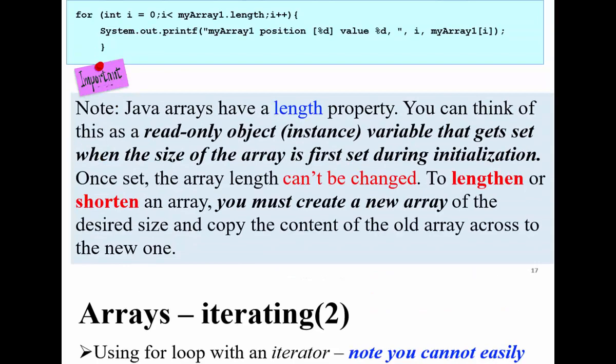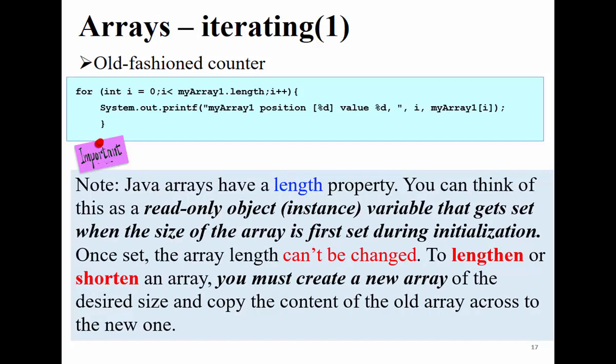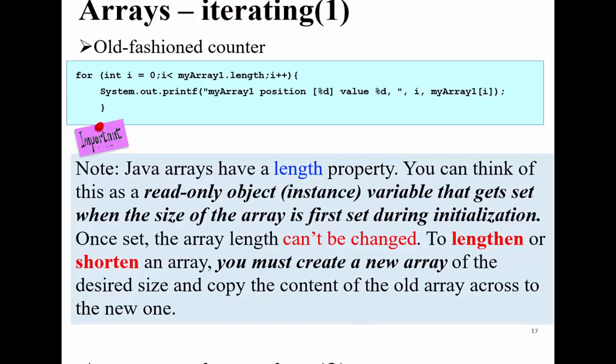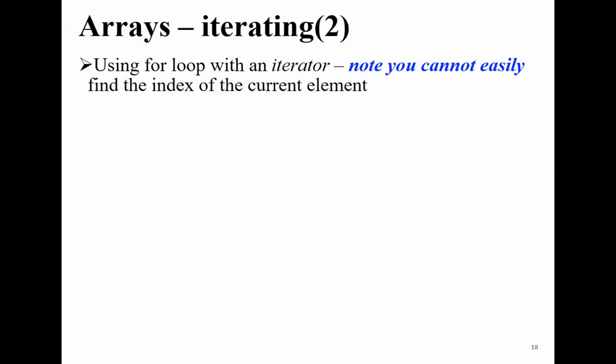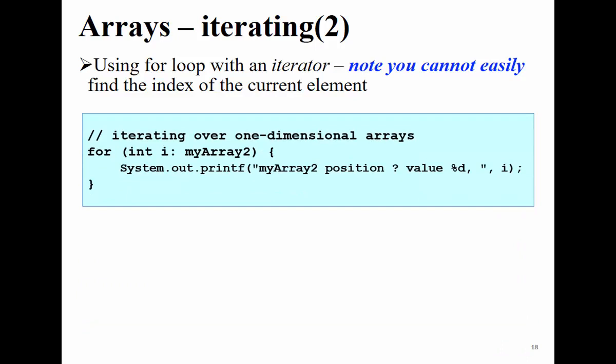Look here in the previous slide, we said i plus plus, which means i moves by 1 position. You can jump by 2 positions by saying i plus 2, so you skip 1, okay? Now, if you are interested in the value, you can use this method. So you just say, my array 2 is of type int.